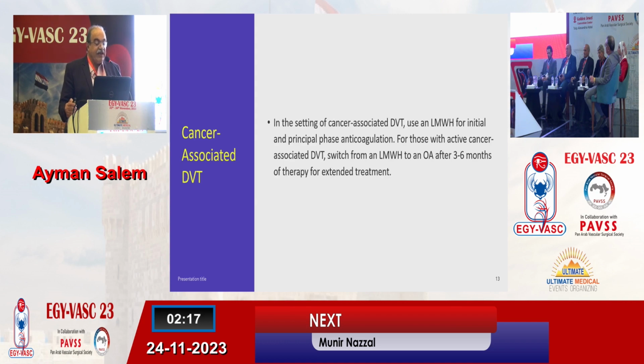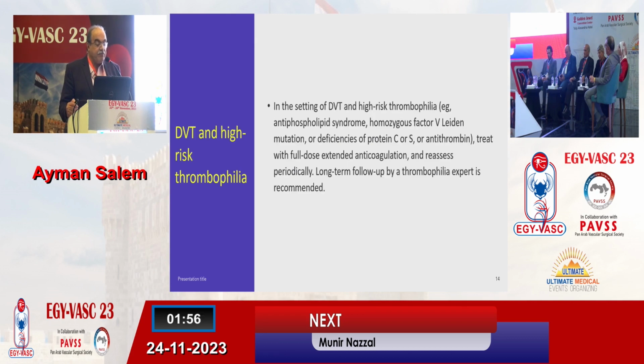Cancer-associated DVT. In the setting of cancer-associated DVT, use low molecular weight heparin for the initial and principal phase of anticoagulation. For those with active cancer-associated DVT, switch from low molecular weight heparin to oral anticoagulant after 3 months, with 3 to 6 months of therapy for extended treatment.